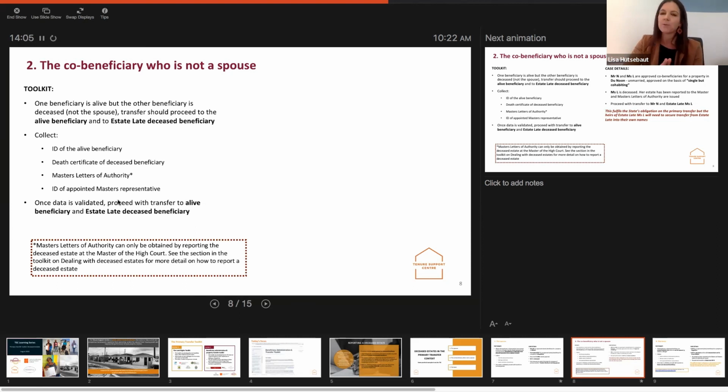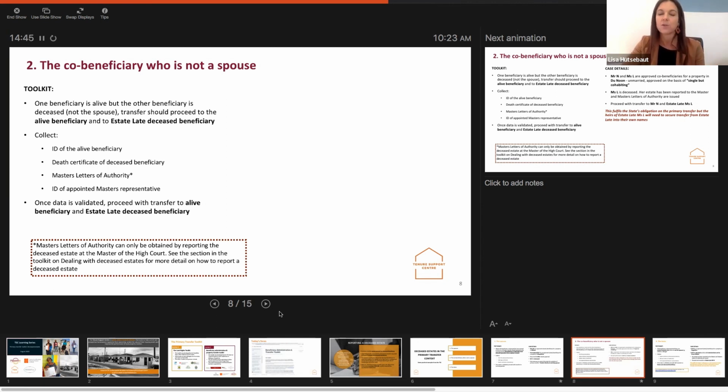So our proposal is, in order to fulfill your obligation to do the primary transfer, just transfer it to the estate. So in this scenario, differently to the one we've just discussed, you would actually need to go and report the estate, or not you, the family would need to go and report the estate at the master's office. So if you look at this little dotted box at the bottom, we've talked about the fact that there's a whole section in the toolkit on how you advise beneficiaries or families of beneficiaries to go and do that. Because in this particular process, you would need master's letters of authority.